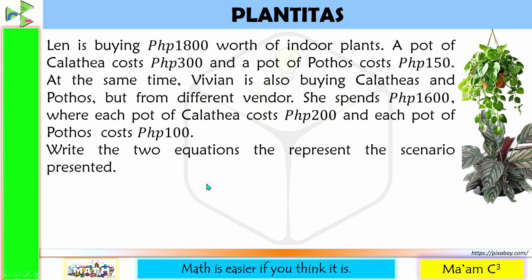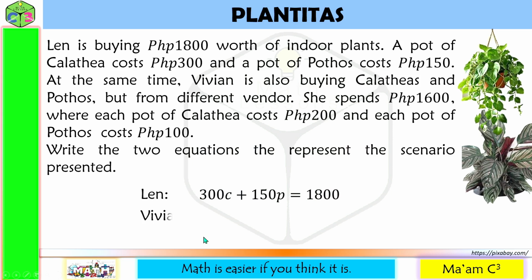Let's start with Len. It says here the total cost is 1,800 pesos. Calathea costs 300 pesos. Let me use C for calathea and P for pothos that cost each pot 150 pesos. So the equation would be 300C plus 150P is equal to 1,800.